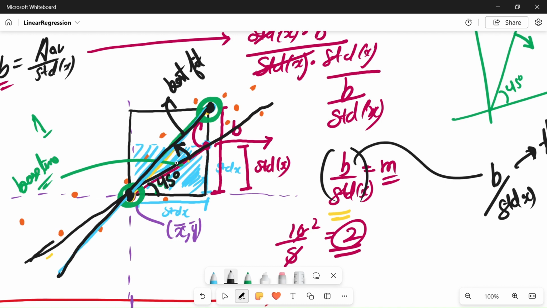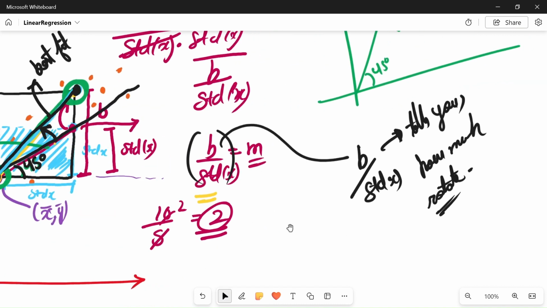The discussions that we were having till now, the rotation point that I have made in the first video, plus the amount of prerequisite knowledge that we have discussed in this video as well, bring us to this point where I can say that this ratio, which we are actually calling the slope, b upon standard deviation of x equals m.